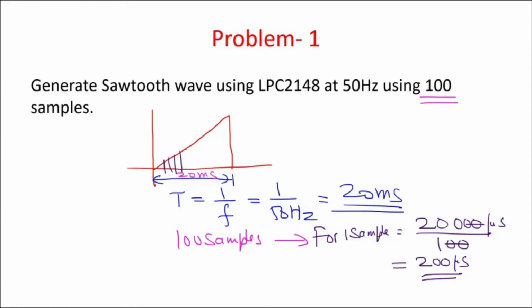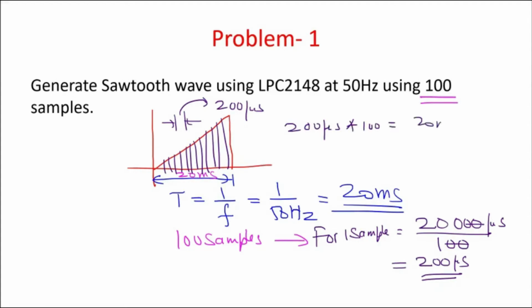So this entire cycle is sliced or chopped into 100 samples. The time interval between two successive samples is 200 microseconds. So 200 microseconds into 100 will give me 20 milliseconds.